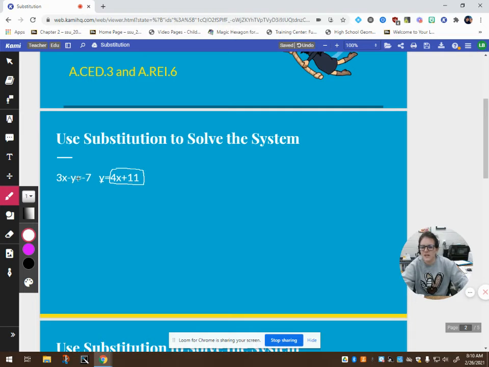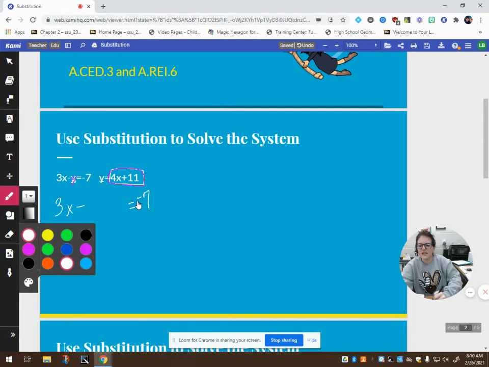So I'm going to come over here to this equation, and I'm going to highlight this y over here. I'm going to do it in purple. I've got this purple y over here, and this is telling me that y equals all of this. So what I'm going to do is rewrite my equation, and I want to keep the 3x and the minus, and I want to keep the equals -7.